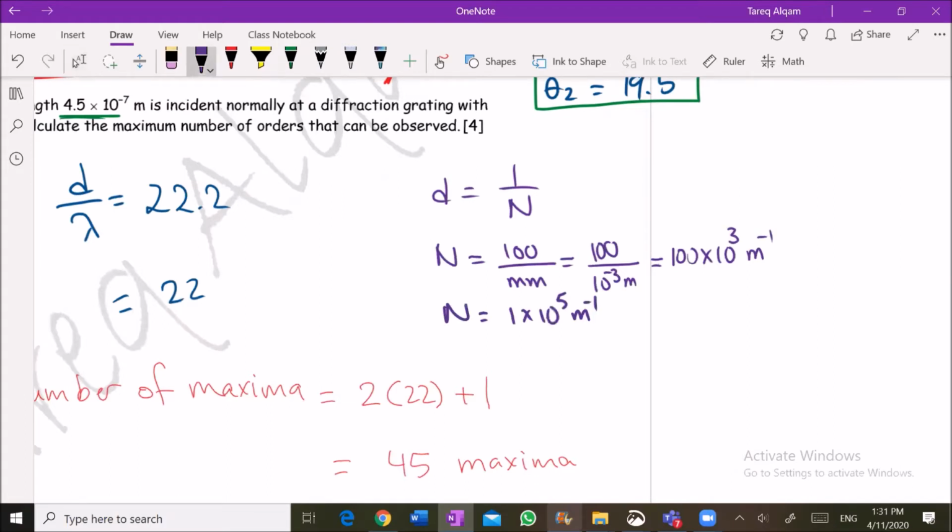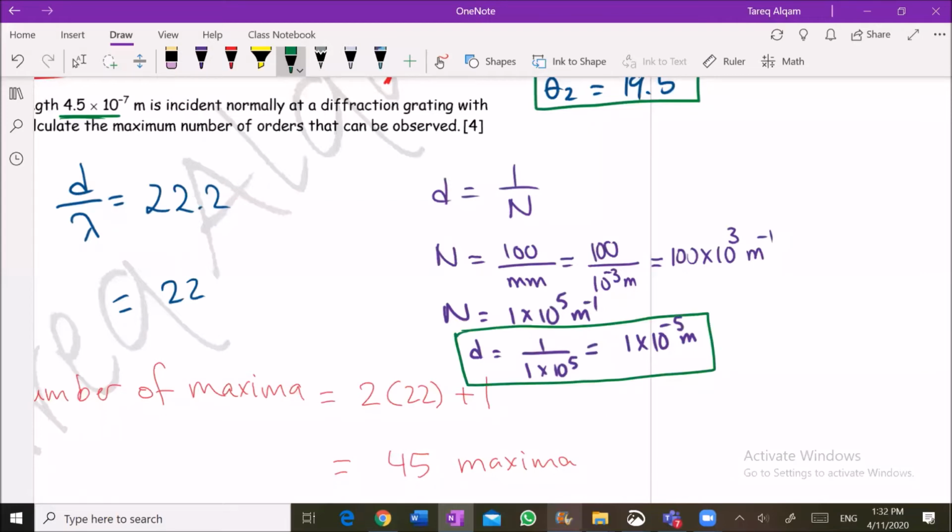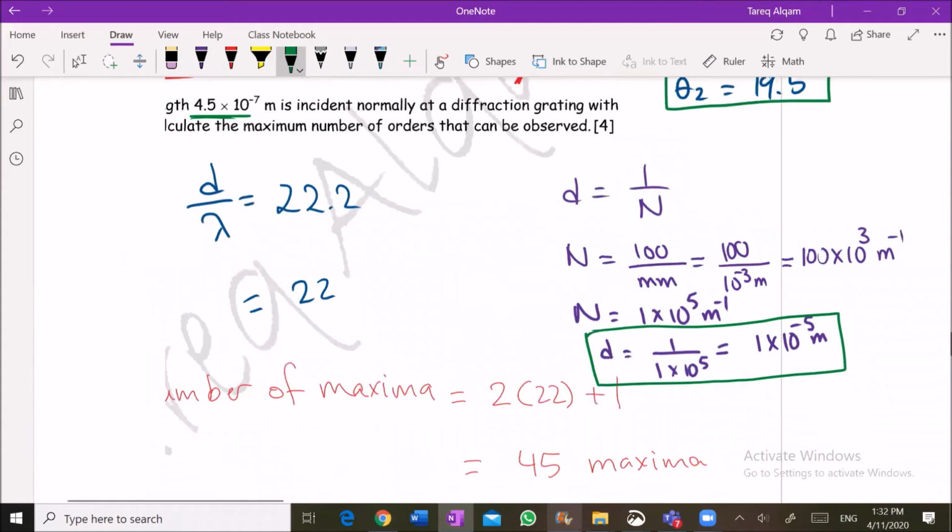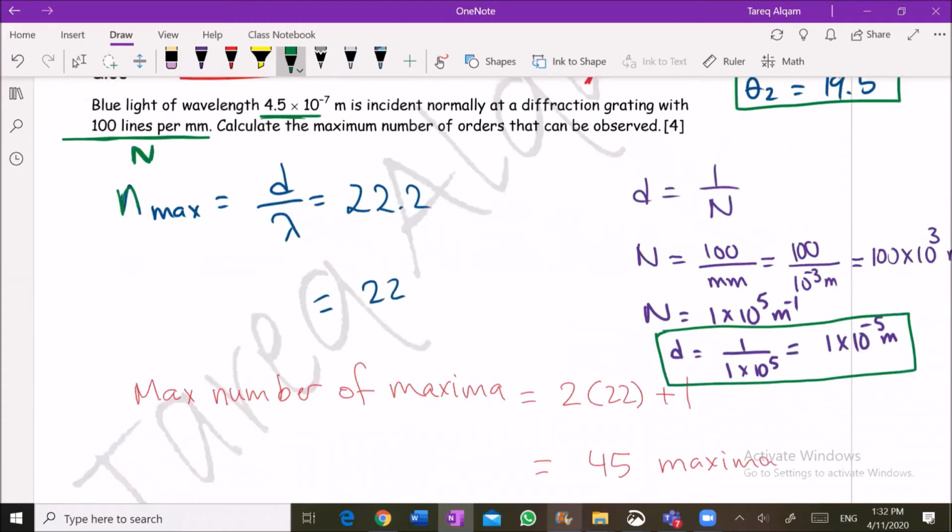If I want D, D is 1 over N, this is D. Now, to find N max, you have to divide D by lambda. If you divide D by lambda, you will get 22.2.